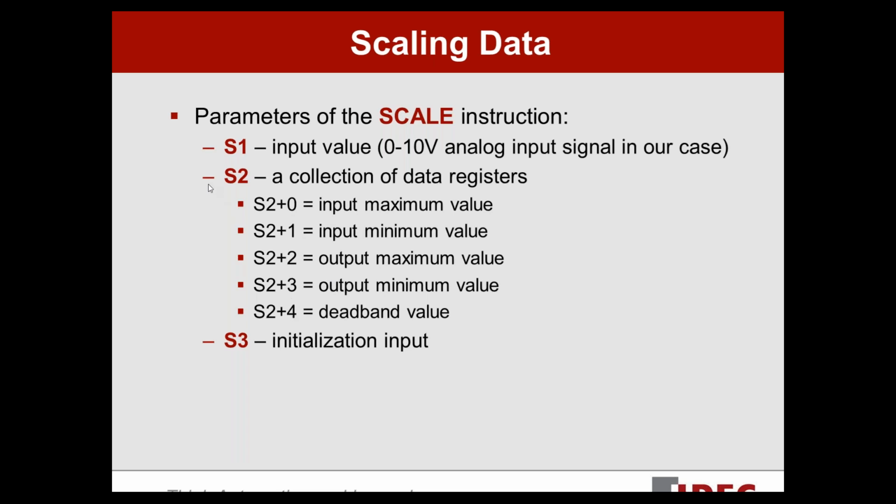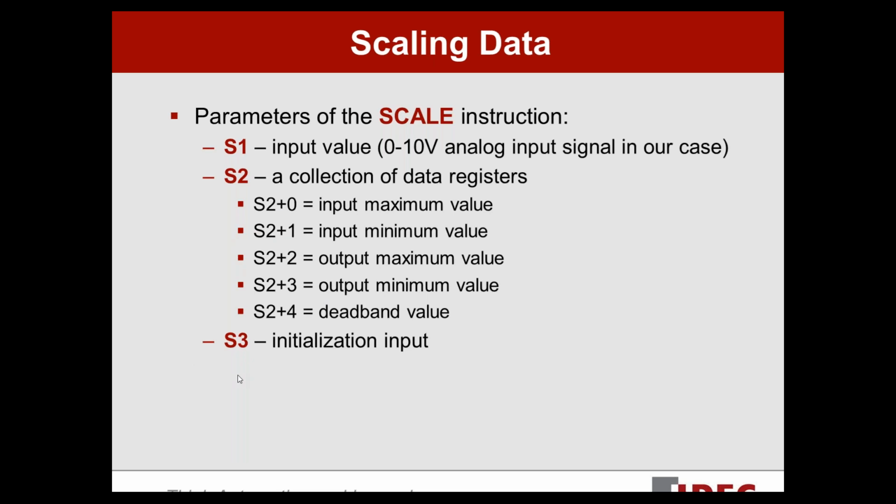So for example, for S2, if we use data register D10, we're actually going to be using D10 for the input max value, D11 for the input minimum value, D12 for the output maximum value, D13 for the output min value, and D14 for the deadband value. Okay, so we're actually using 5 consecutive registers there.